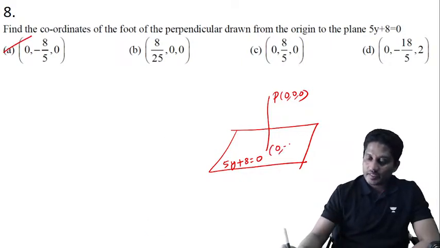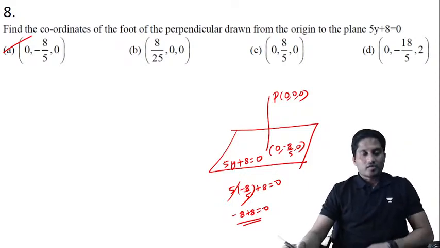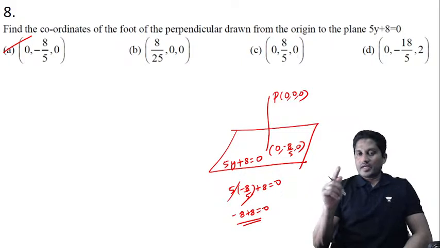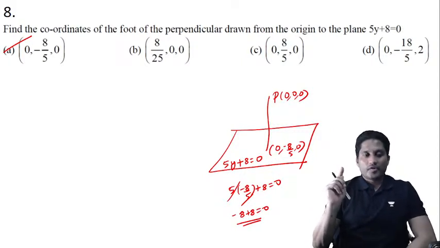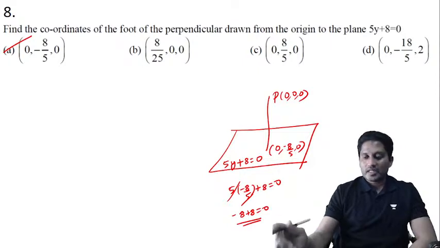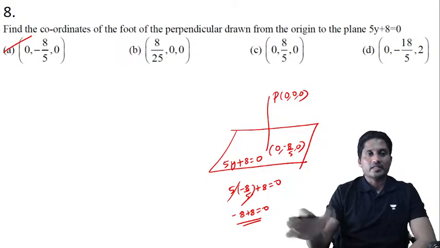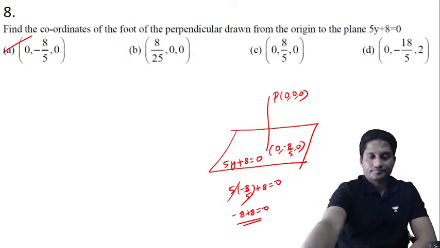So 0, minus 8 by 5, 0, because 5 into minus 8 by 5 plus 8 is equal to 0. It will cancel. Minus 8 plus 8 will be 0. Only A will satisfy. Is that okay, guys? But in the previous question, if you take the options and substitute, more than one option will satisfy. That's why I did the regular method. But if you know only one point is satisfying, then go for it. Use the options.